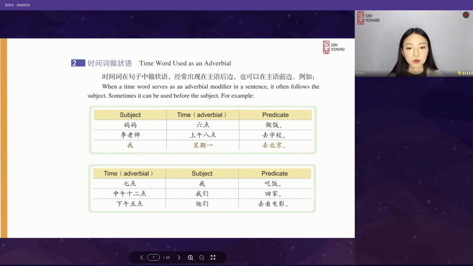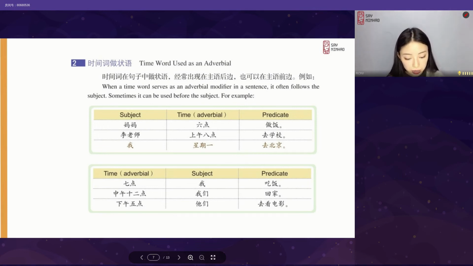Okay, now let's move on to the next part, which is the time word used as an adverbial. So in this text we've learned before, we can see the time word is always before the verb. And that's because the time words in these sentences are used as adverbials. And in Chinese, the adverbials are usually before the verb.